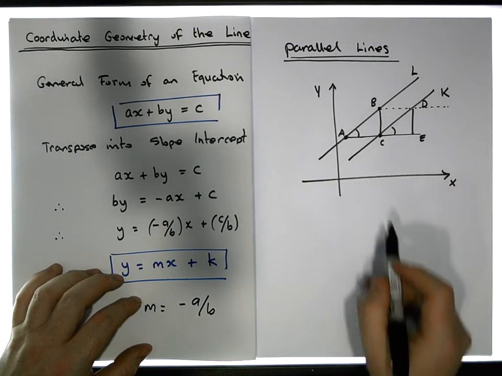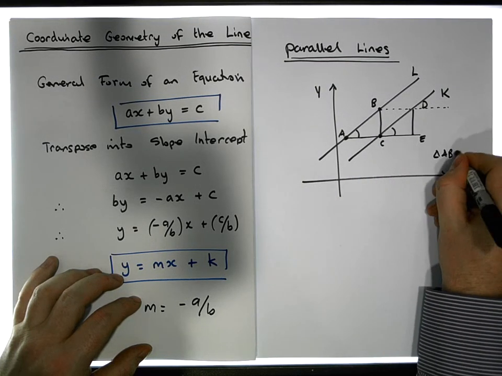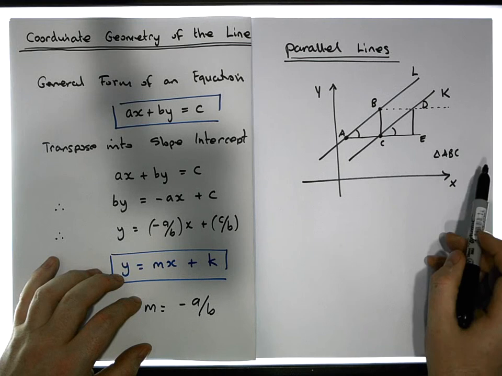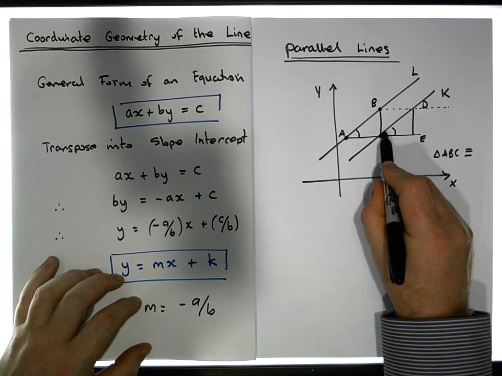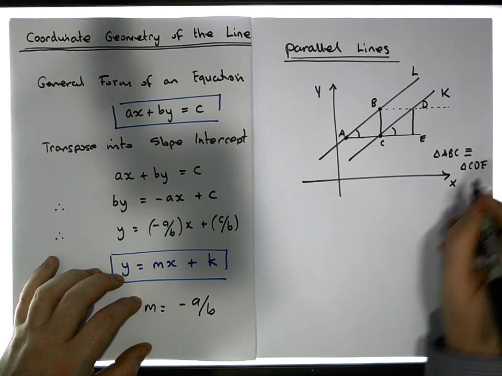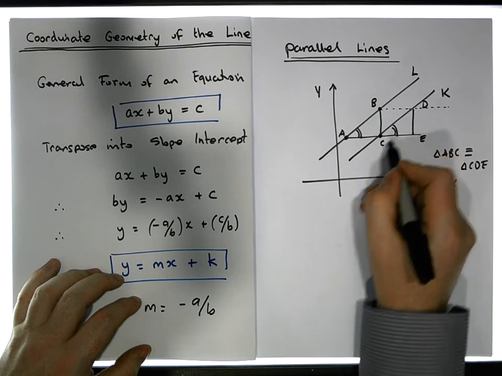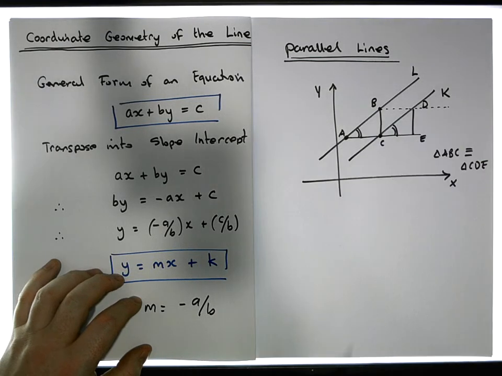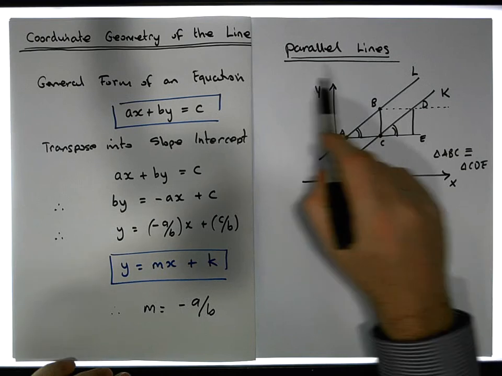What I'm arguing is that the triangle ABC is congruent to the triangle CDE. So from a little bit of geometry, this angle here is the same, so the slopes of these two parallel lines are actually the same. So what does it mean if two parallel lines have the same slope?